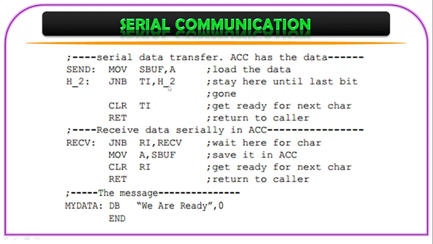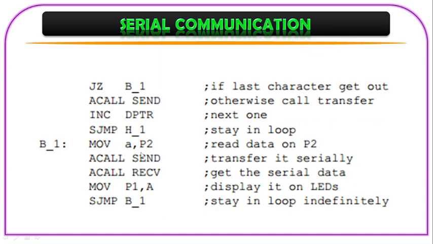So for receiving, you are checking your RI. For transmitting you are checking your TI. Receive, and then the received data will be there in SBUF. It has to be transferred to the accumulator and then clear the flag. So receive is this small routine, send is this small routine, receive is this small routine, and here you are reading from port 2 and sending to port 1.